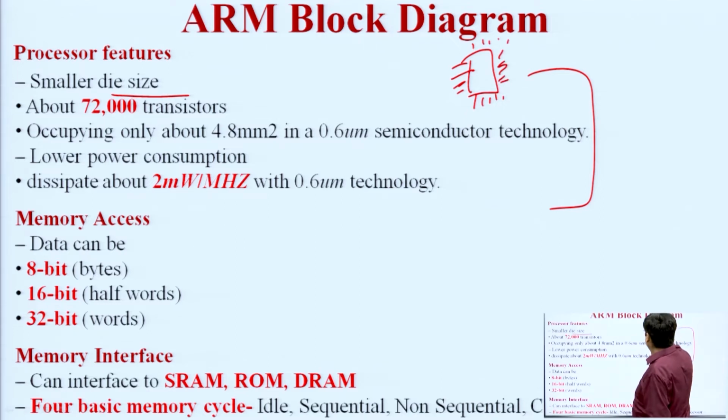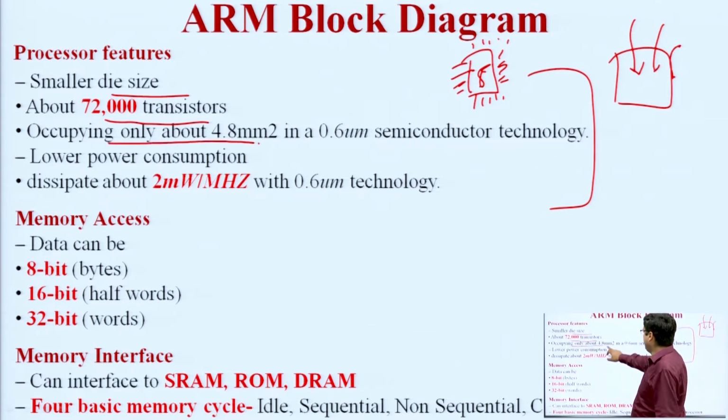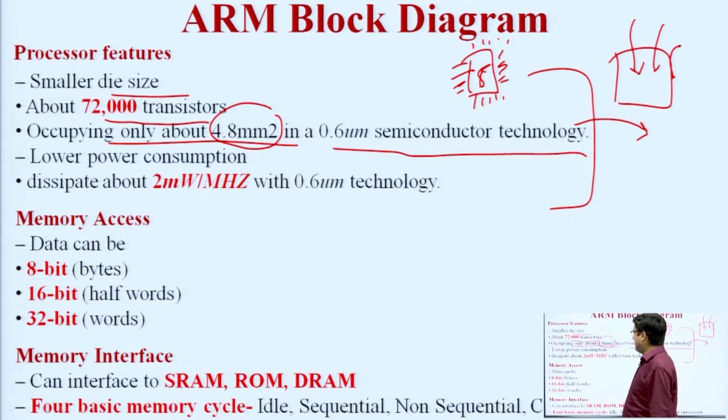It has 72,000 transistors integrated on the same chip, occupying only about 4.8 mm square in a 0.6 micrometer semiconductor technology. Basically these are the dimensions for a particular processor. It has low power consumption.